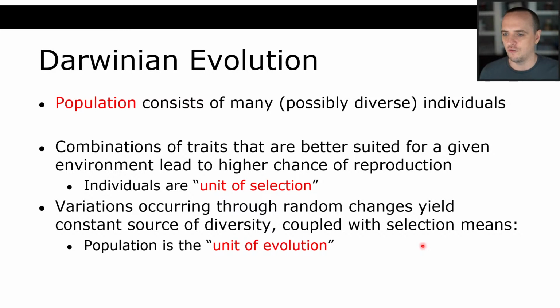I did not evolve because I learned how to do C++. I did not evolve because I learned how to make fire. Now, the consequences of knowing how to make fire may eventually change the unit of selection for my individual, but that's still an individual, and over time, the population evolves, not the individual. So that's a very important concept.